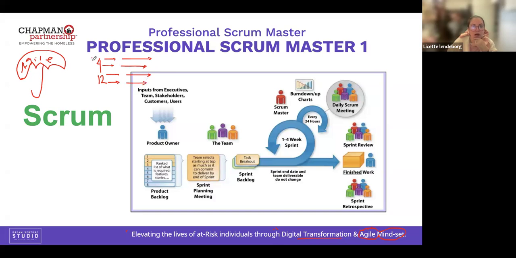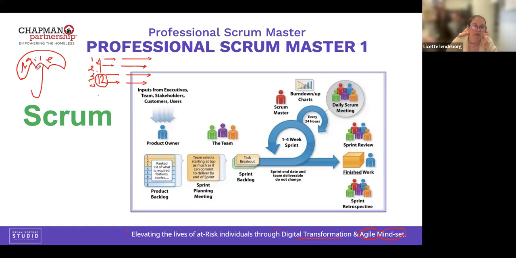Those are the 4 values of Agile. The 12 principles I'm not going to mention because it's too much information. But for now, remember that Agile is a mindset, guided by principles and based on values and principles.